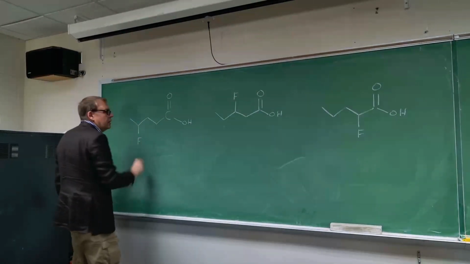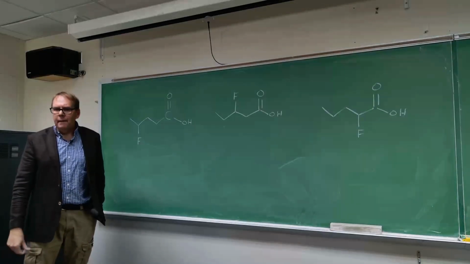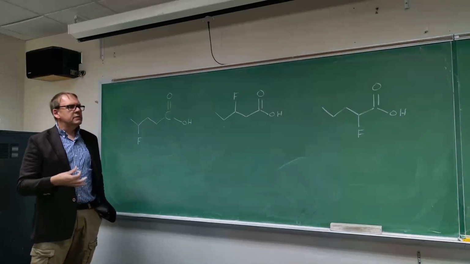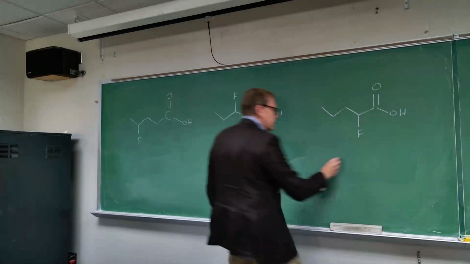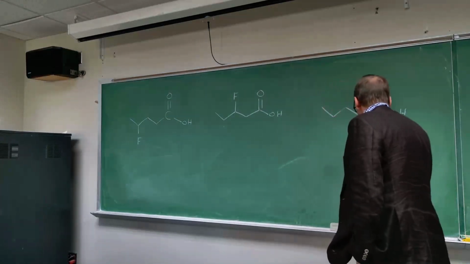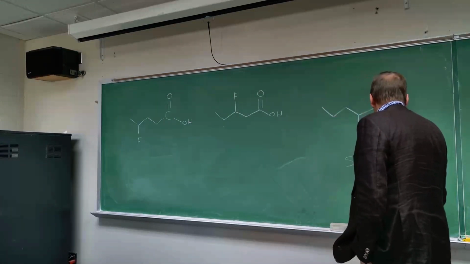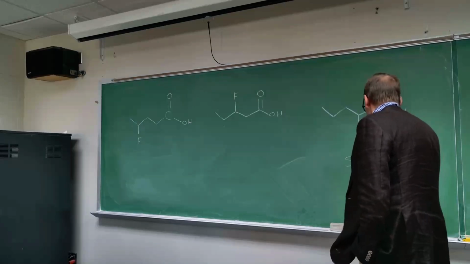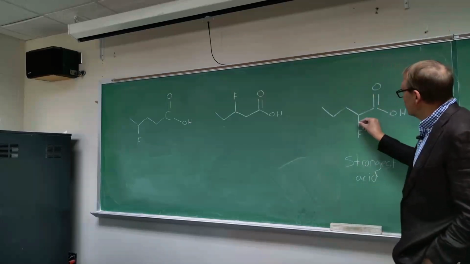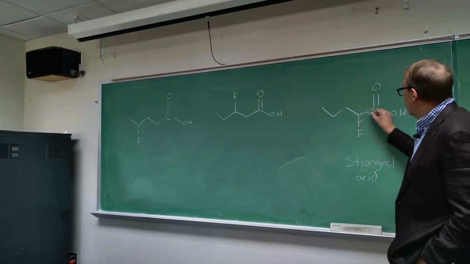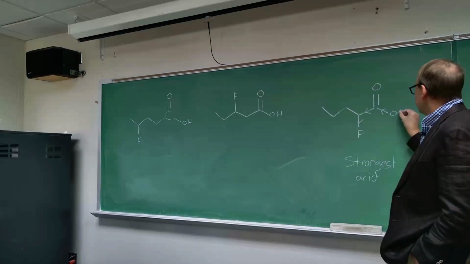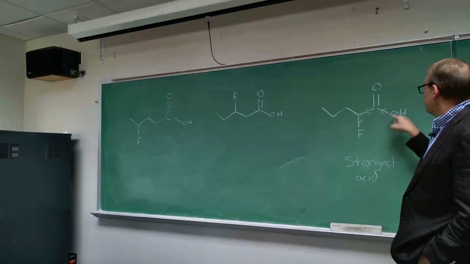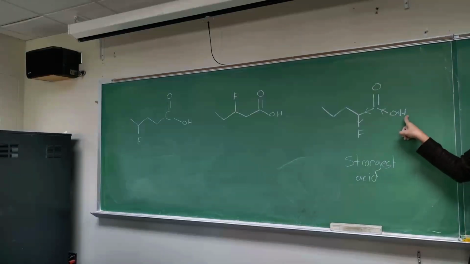They all have fluorine on them, but the fluorine is not the same distance from the carboxylic acid. This is the strongest acid because the electronegative group, the thing that's pulling electron density away, is close. It's only 1, 2, 3, 4 bonds away from the hydrogen.